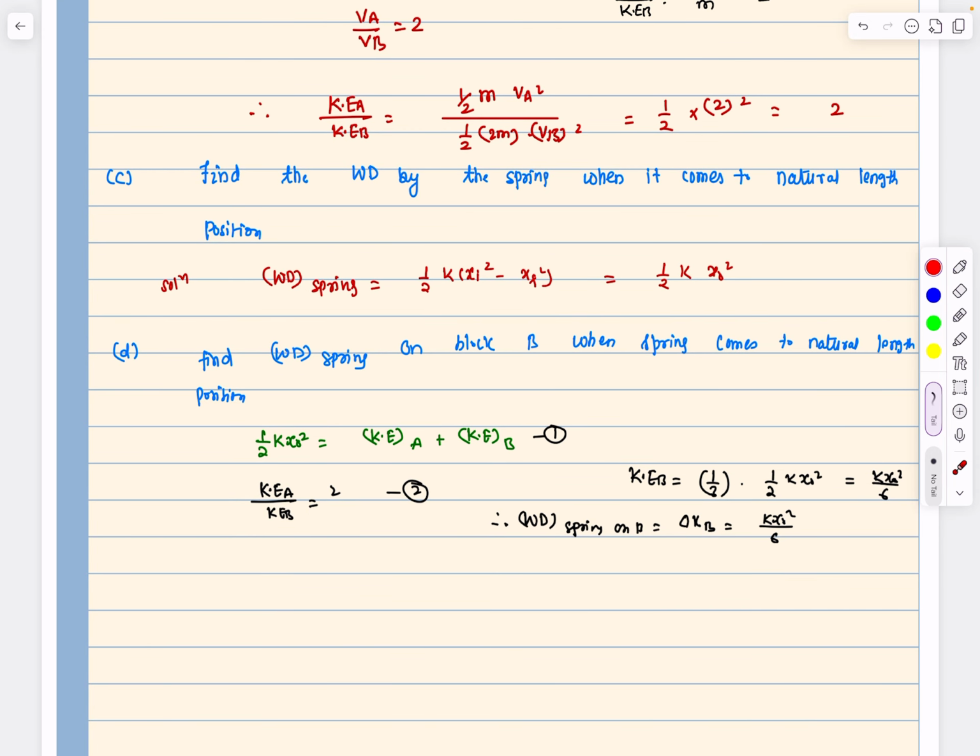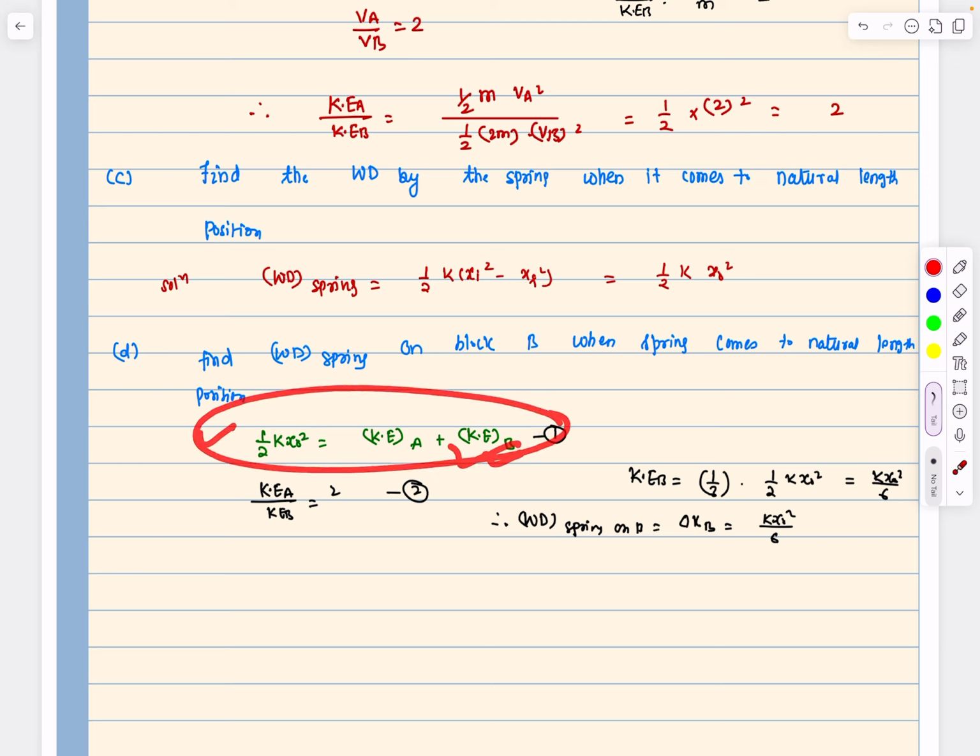One method is that we know the total work done by the spring is half k x naught square, which is the work done by the spring on A plus the work done by the spring on B. From the work energy theorem, the net work done equals the change in kinetic energy, so we can write it as the summation of kinetic energy.